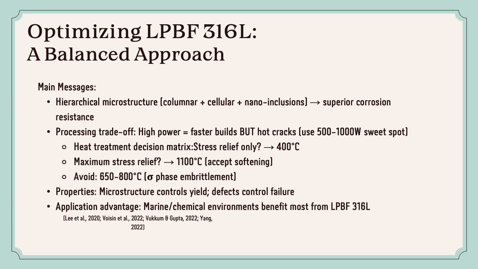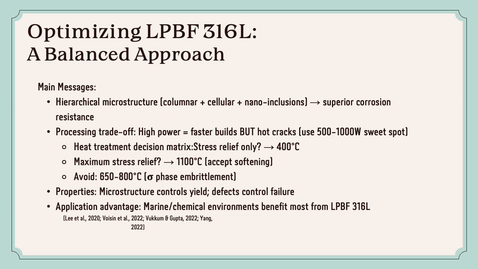A recovery treatment at around 400 degrees Celsius can relieve stress while preserving the as-built microstructure. In contrast, temperatures between 650 and 800 degrees Celsius should generally be avoided because sigma phase formation can reduce ductility.